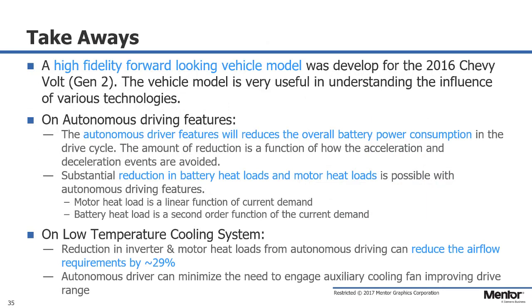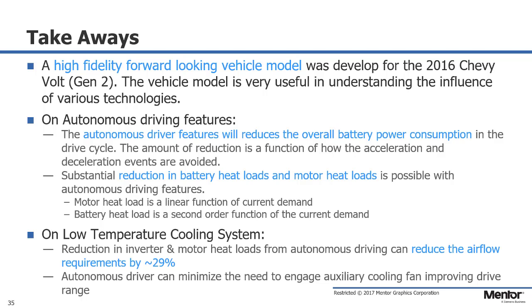So hopefully in today's webinar, you were able to see a couple interesting things with autonomous vehicles, and there's several key takeaways we have. First, the high-fidelity forward-looking vehicle model of the 2016 Chevy Volt is extremely useful in understanding the influence of various technologies, in particular, autonomous driving features.